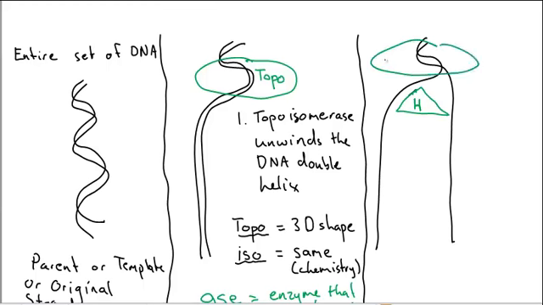So you still have topo going along, doing its job, moving up the DNA, and following in behind it is helicase.